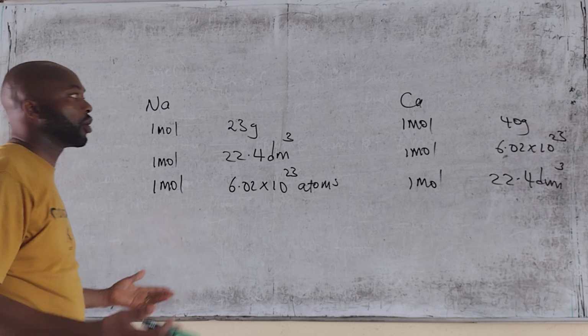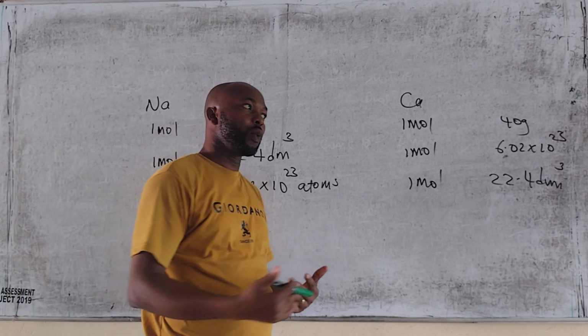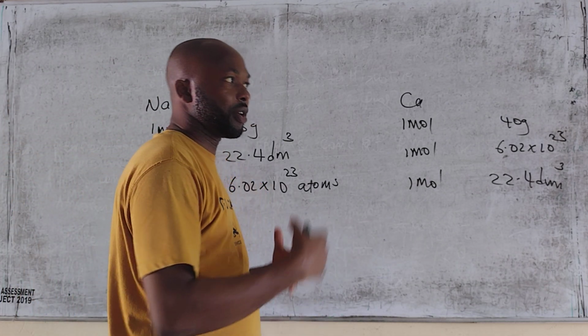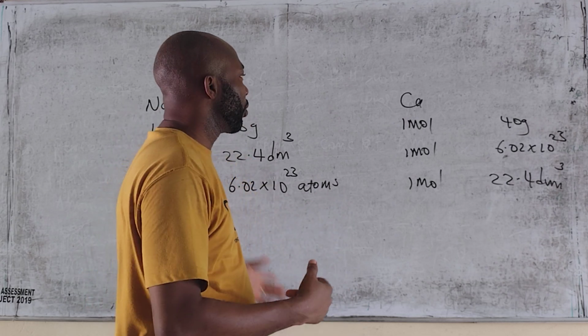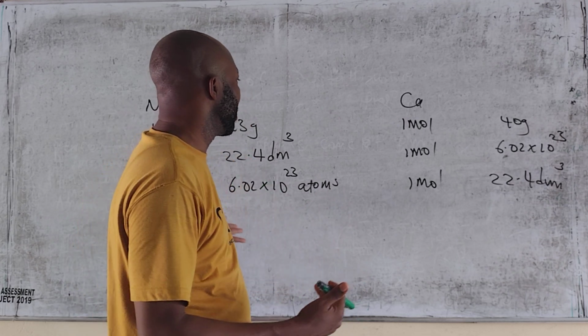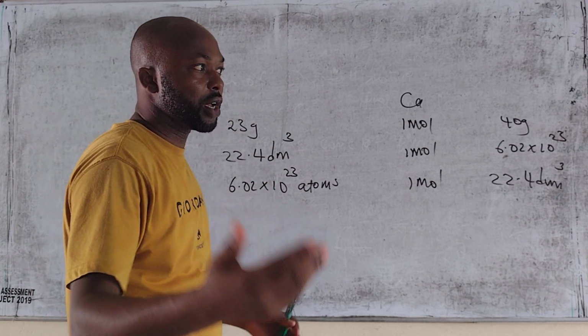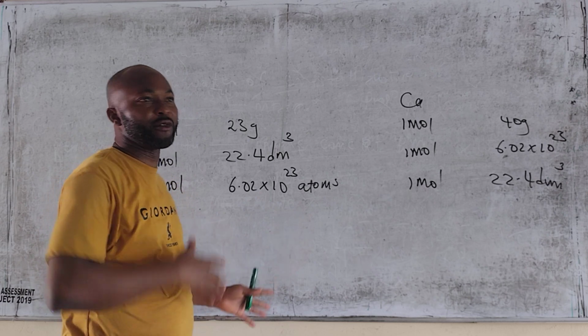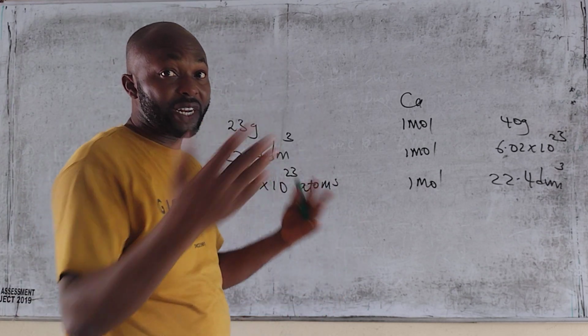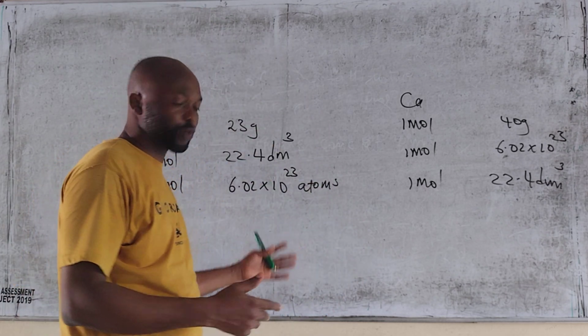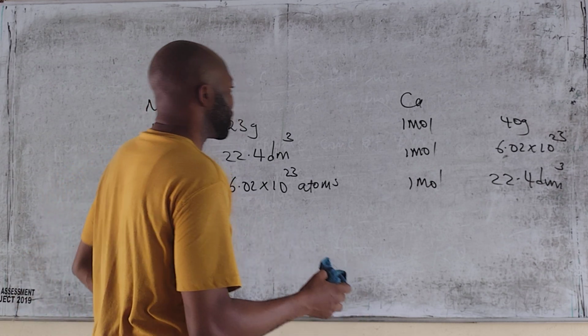So this goes on and on. Even in the balanced equation, where we have the two reactants coming together to give us the product, we can still calculate the same thing of one of the reacting particles with probably one of the products. Try to relate the mass and volume, or whatever the case may be. You will see as we proceed in terms of solving questions.